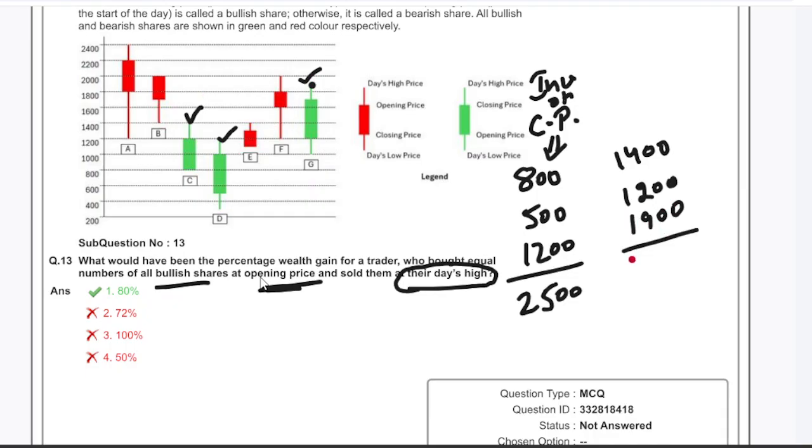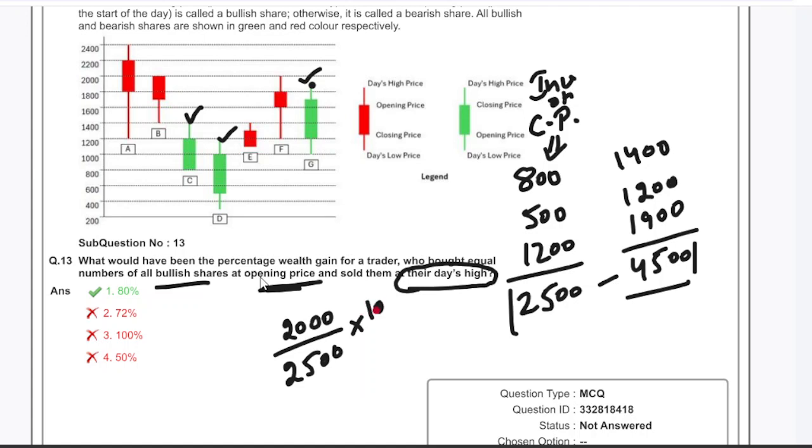So it goes to 4500. That means the profit is the difference of these two amounts, so that is 2000. Divide by always the investment, that is 2500, multiplied by 100. 80%. So the answer to this question was 80%.